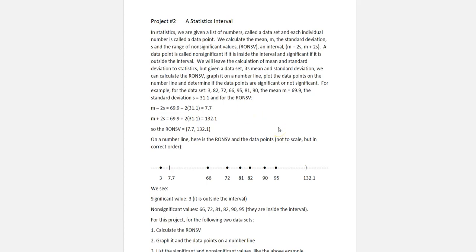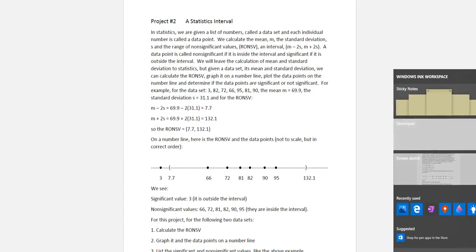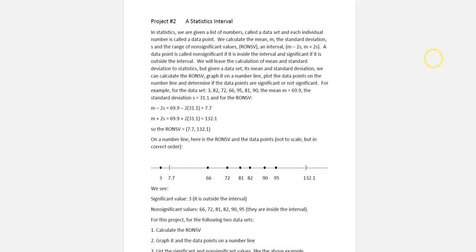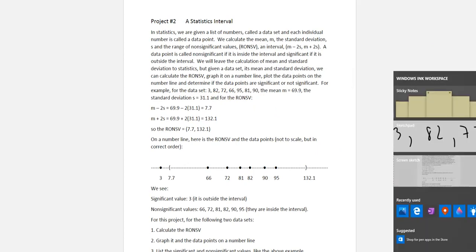So the first thing I'm going to do is copy these points into Microsoft Ink. So bear with me for a moment. 382.72, 66.95 and 81. I don't like the way that 81 looks.